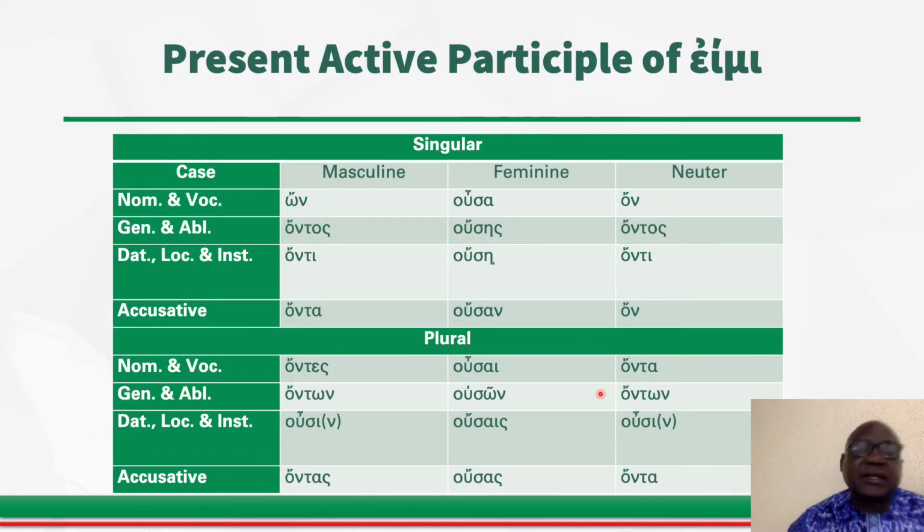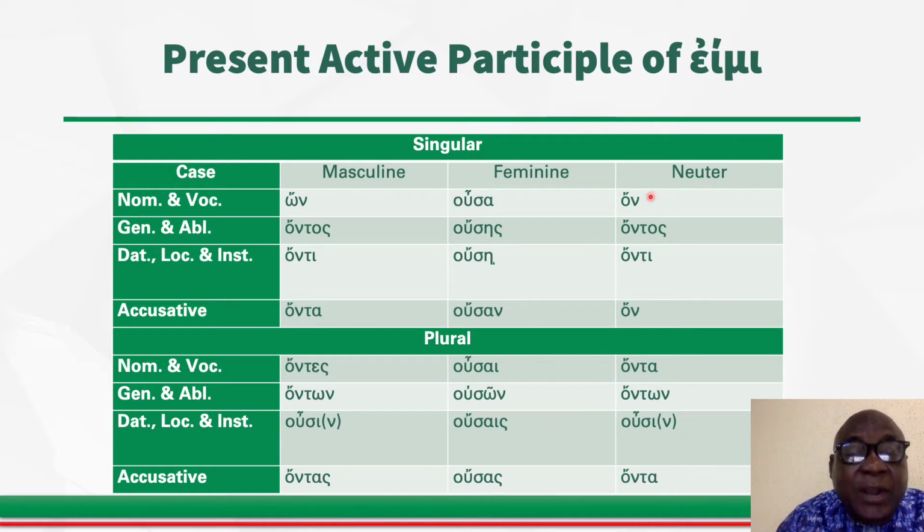Now, the verb to be, which we have talked about, is your verb that has to do with am, is, are, was, were. So it also has its participle form. Now, these are the participle forms.